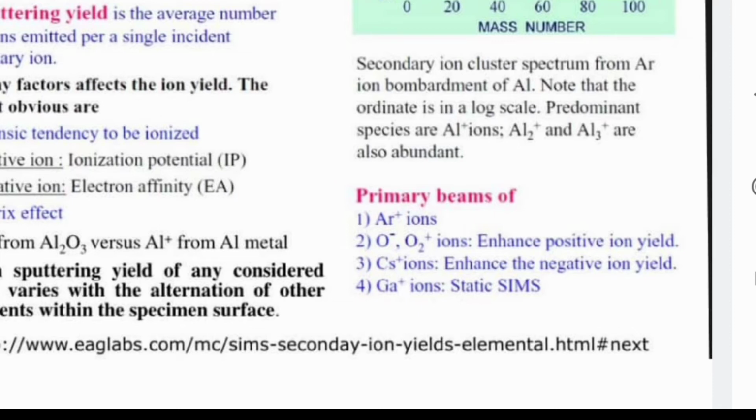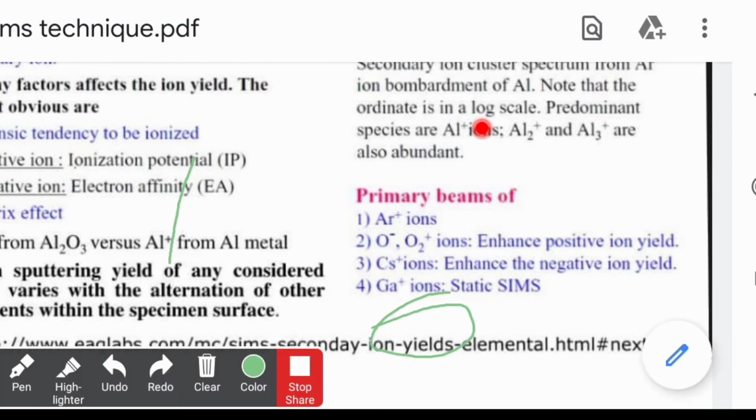Electron affinity. We have already seen this: if we use a source like cesium plus, the example here, cesium plus is the source for negative ions and oxygen minus is the source of positive ions.